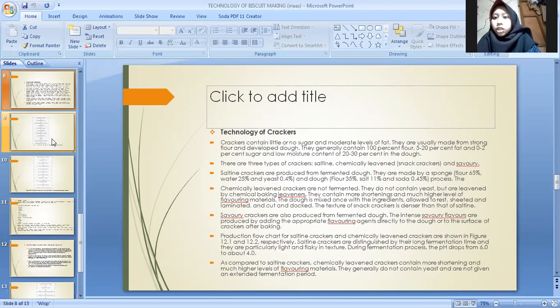Production flow charts for saltine crackers and chemically leavened crackers are shown in figures 12.1 and 12.3 respectively. As compared to saltine crackers, chemically leavened crackers contain more shortening and a much higher level of flavoring materials.